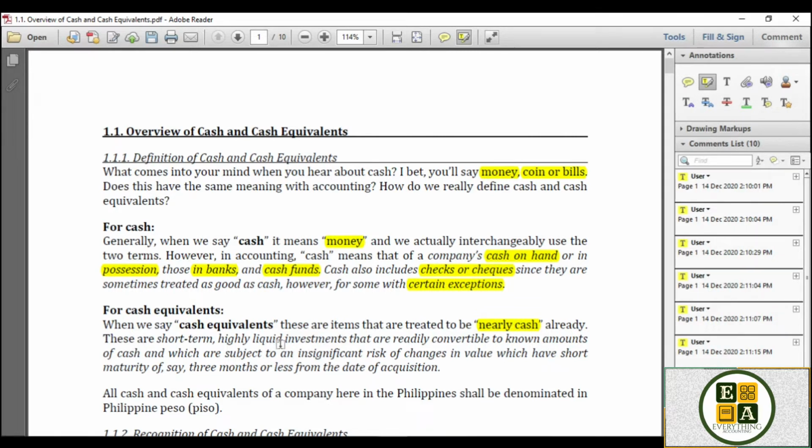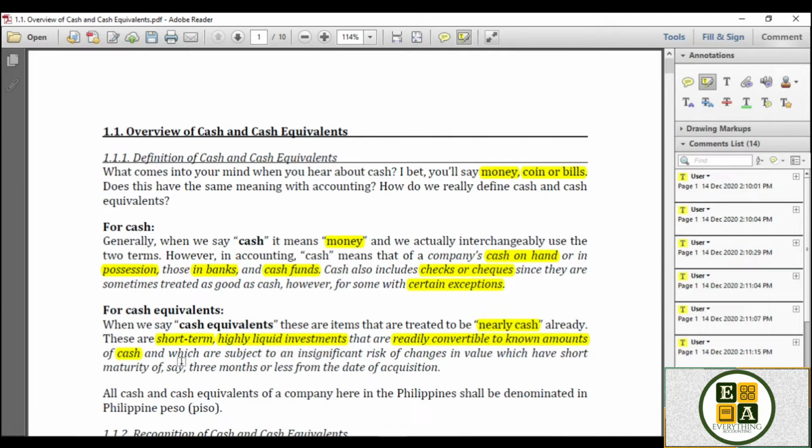So, sa mga accounting standards, in-state na yung cash equivalents, short-term siya na highly liquid investment. Yan yung important na classification muna or qualification ng isang cash equivalent. It must be short-term and highly liquid na investments. Highly liquid investment that because of being highly liquid, kailangan readily convertible to amounts of cash.